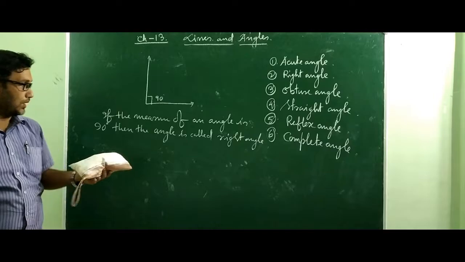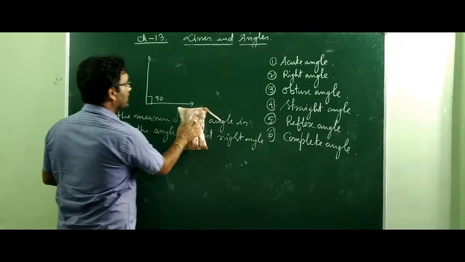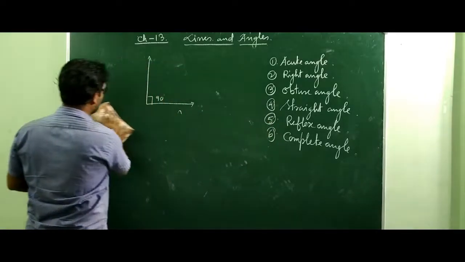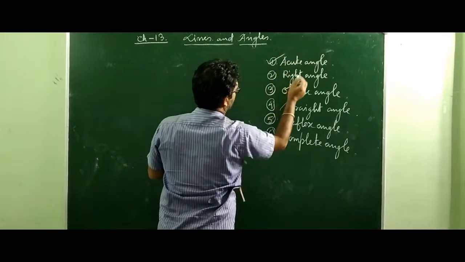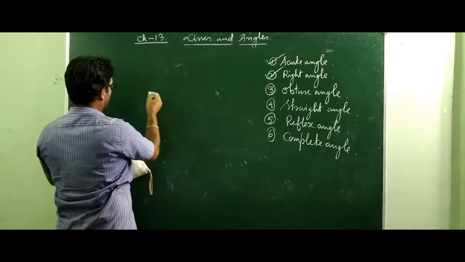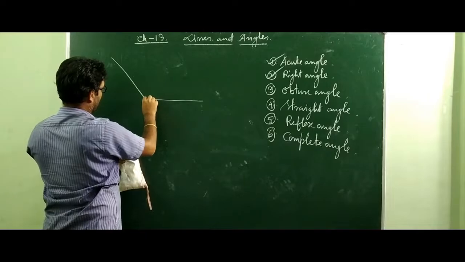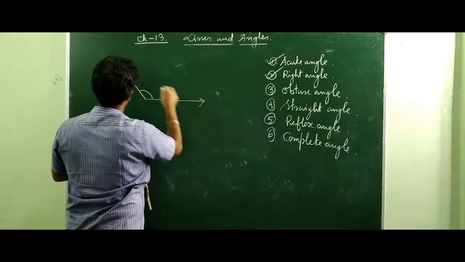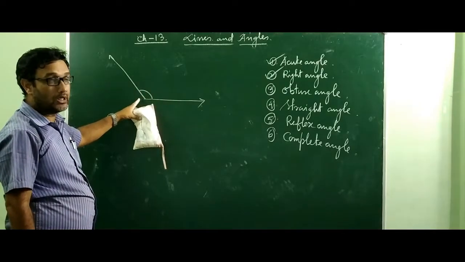Then obtuse angle. I'll just show you the diagram first, and I'll tell the definition. Acute angle is over, right angle is over. Now obtuse angle, you see the diagram. The measure of this angle is more than 90 degree.